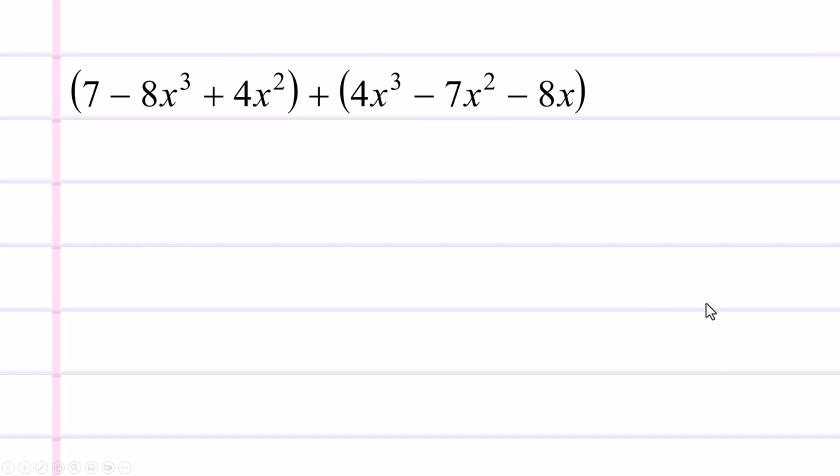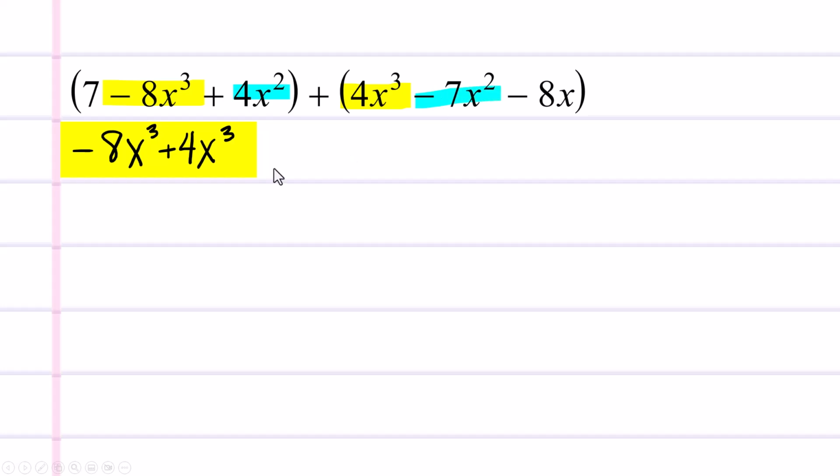So let's take a look at this problem. All right, I'm going to go in with the cubic ones first, because I'm going to write this in standard form. Negative 8x cubed plus 4x cubed. Then we're going to put the 4x squared with the negative 7x squared.